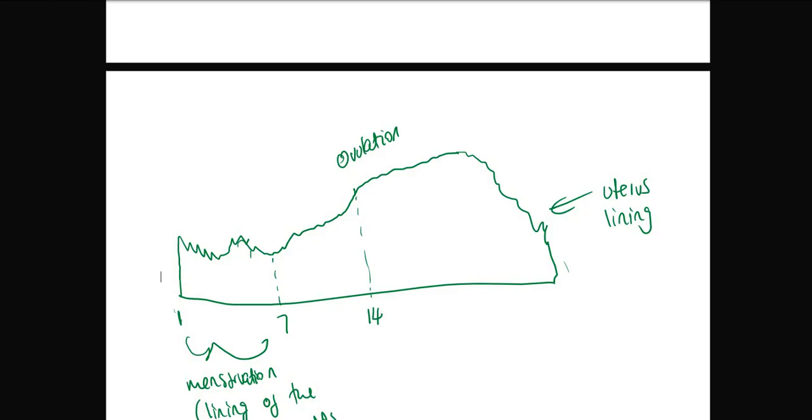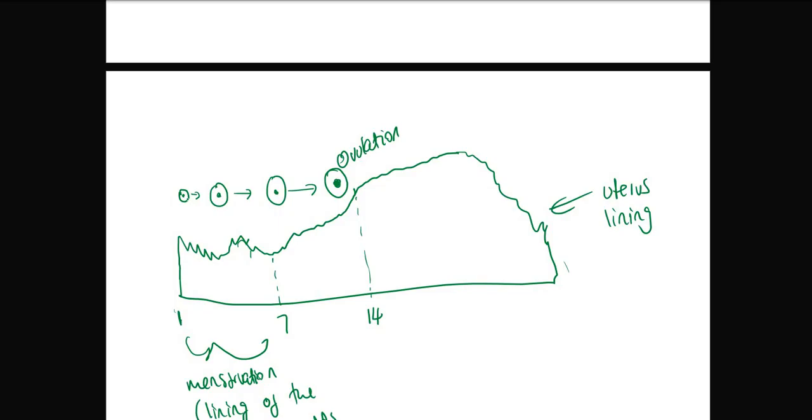Now that we said all of this, we know that here the primary follicle will be stimulated to grow and become a matured graafian follicle.